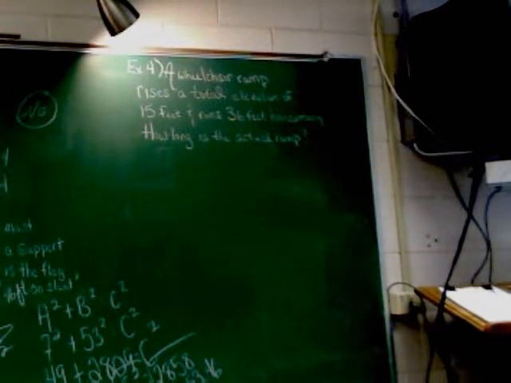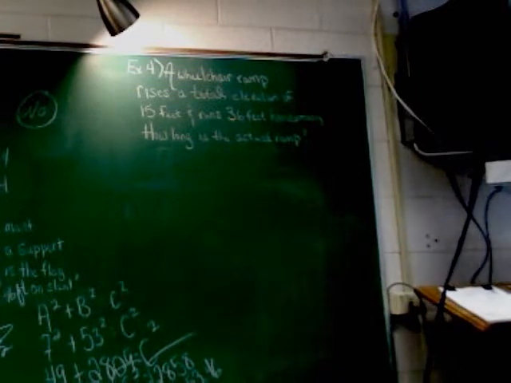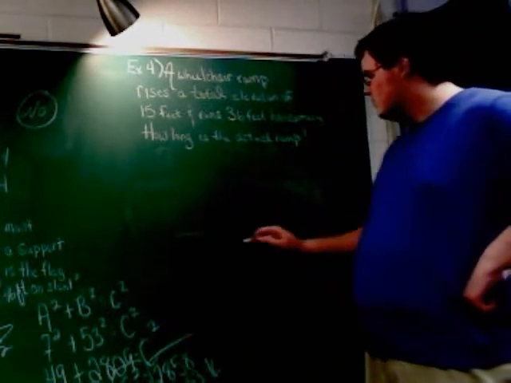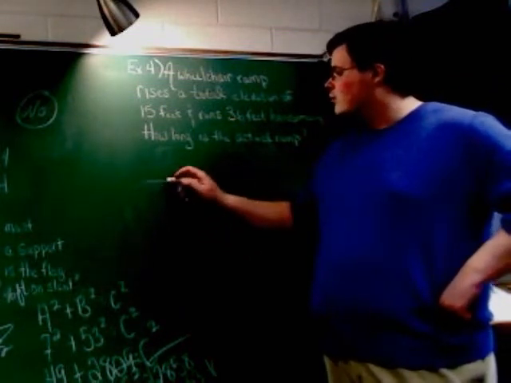A wheelchair ramp rises a total elevation of 15 feet and runs 36 feet horizontally. How long is the actual ramp? Okay, so we've got the ground.